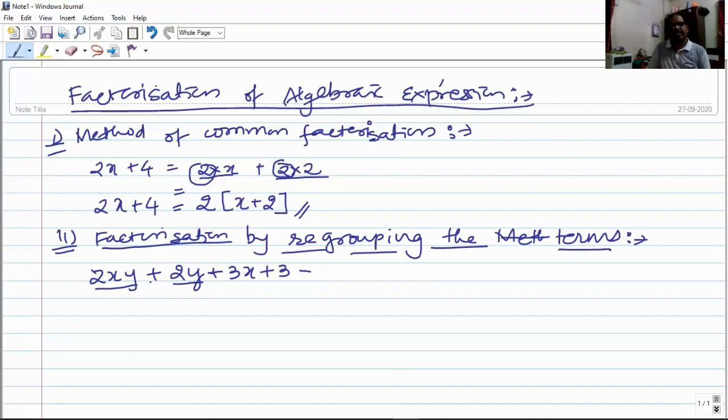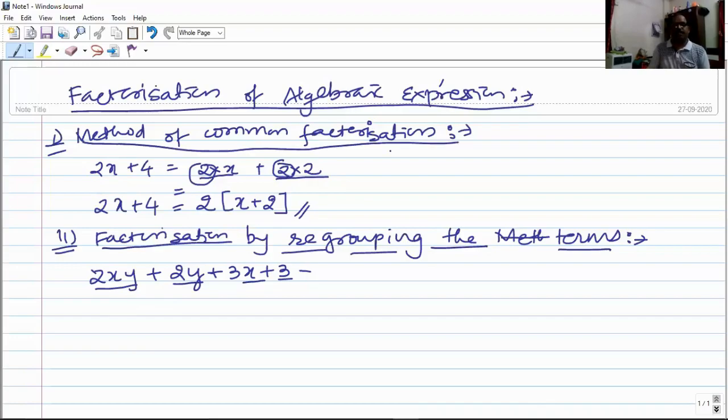Just by observing the first two terms, we can see that something is common among them. In the last two terms, 3x plus 3, again something is common between them, but nothing is common in all four terms. So in this case it is not possible to use the method of common factorization; the first method is not applicable.